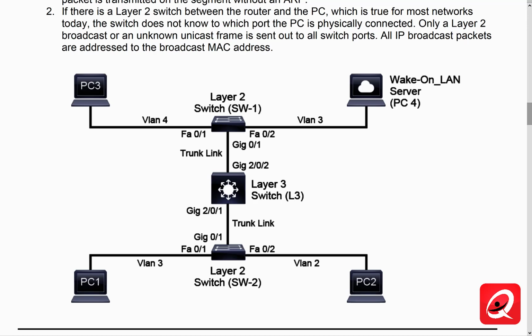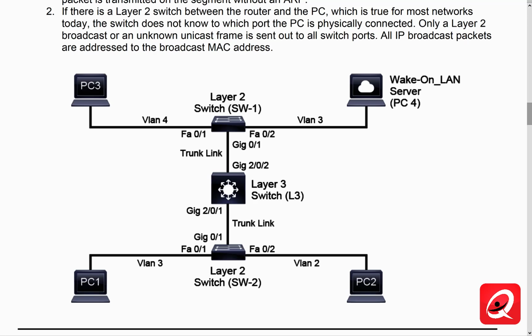Okay, so that being said, there's a couple of things that we have to take into account, right? For VLAN 3, well, that's actually kind of interesting. I don't know that that would actually be possible. I suppose it would.